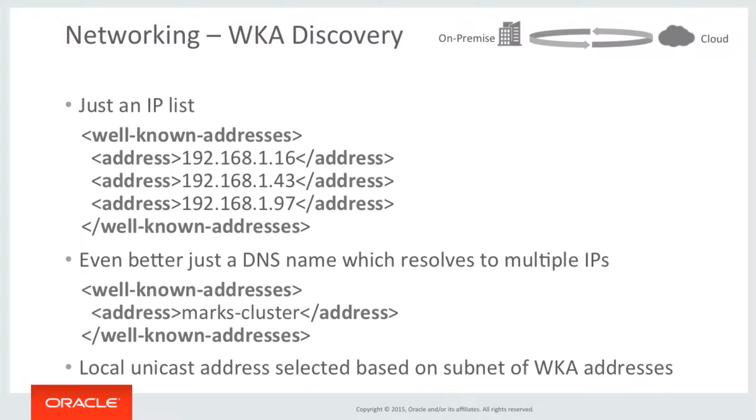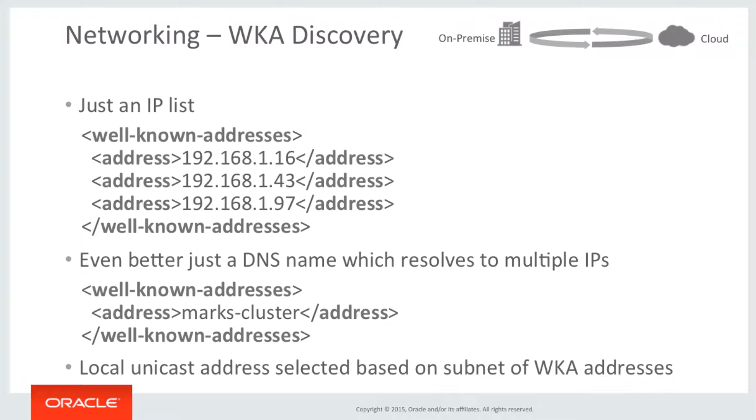Also related to WKA and zero configuration, when you run on a machine that's multi-homed, a machine that has multiple IP addresses, Coherence has to select which IP it's going to use. You can explicitly tell us which IP to use, or you can tell us the subnet that the cluster is running on, and we'll choose a local address in that subnet.